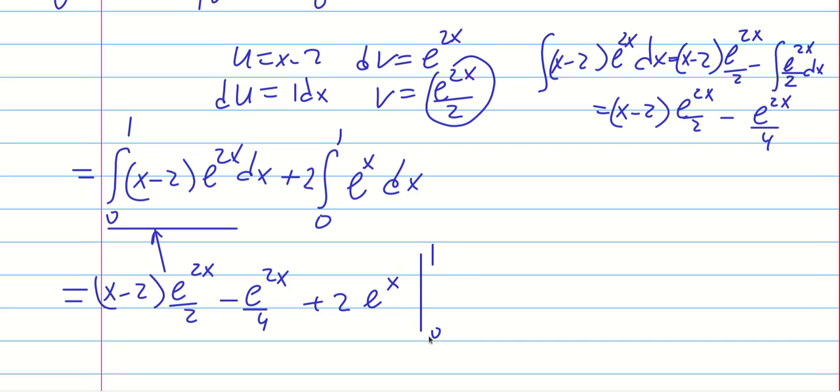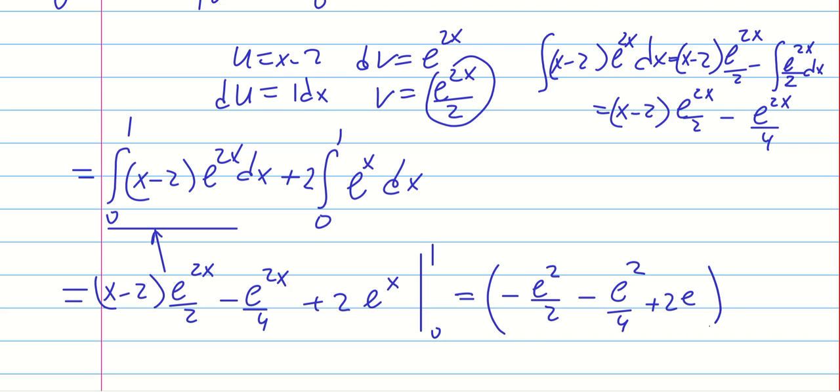All right. I think we did it right, so we plug in 1, so it's going to be negative e to the 2x over 2 minus... we plug in 1, sorry, this is just going to be e squared, then minus e squared over 4 plus 2e.